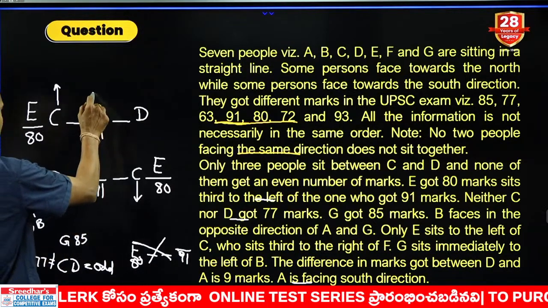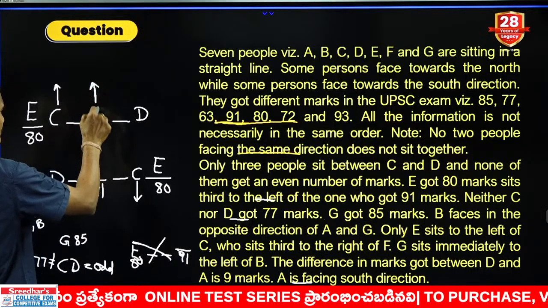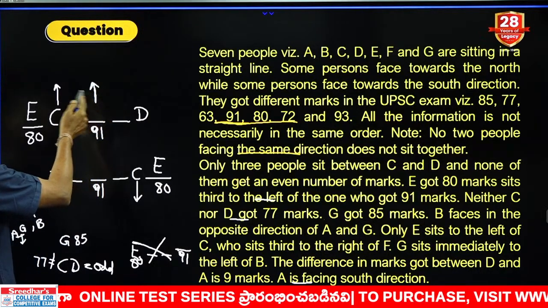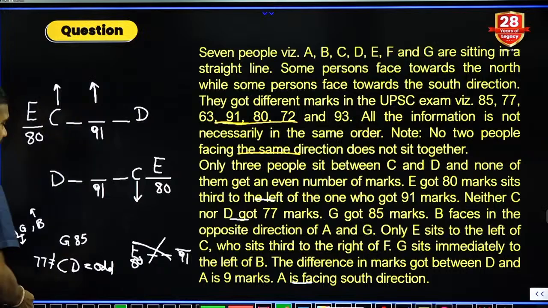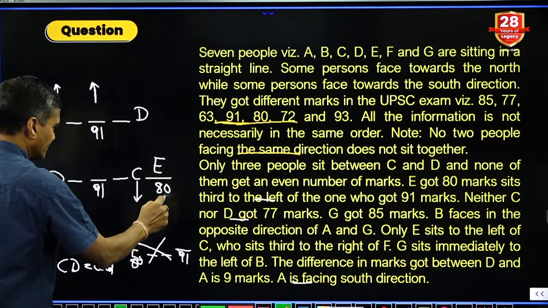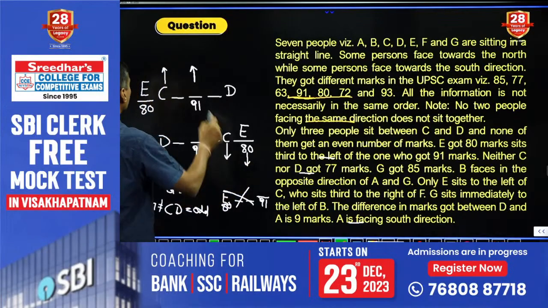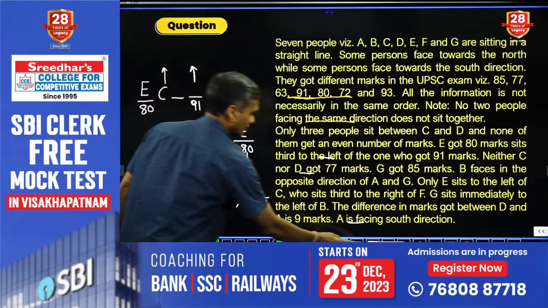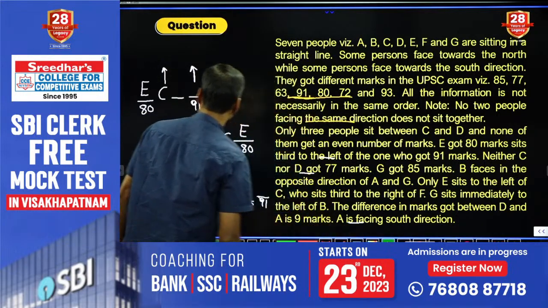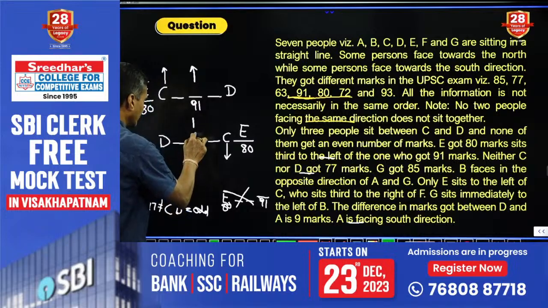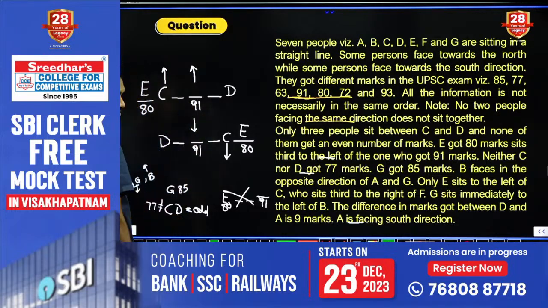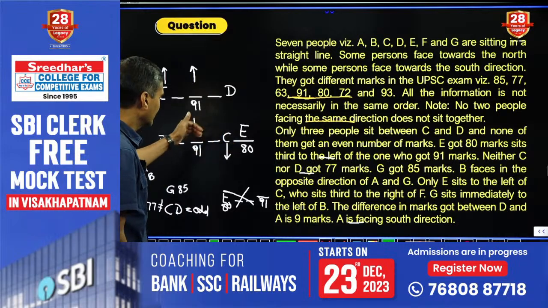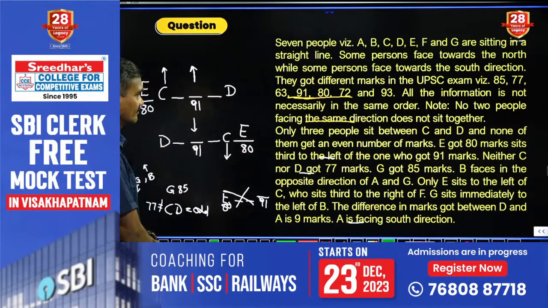E with 80 marks sits out to the left of 91 means the one who got 91 is towards north. And here, E who got 80 sits out to the left of whom? Out to the left of 91. And that means the one who got 91 is facing towards south in the second case. Because E must be to the left, out to the left. E got 80 marks and sits out to the left of the one who got 91.